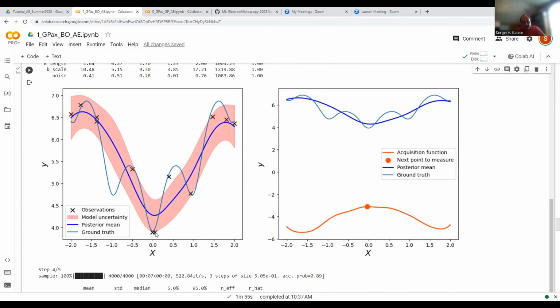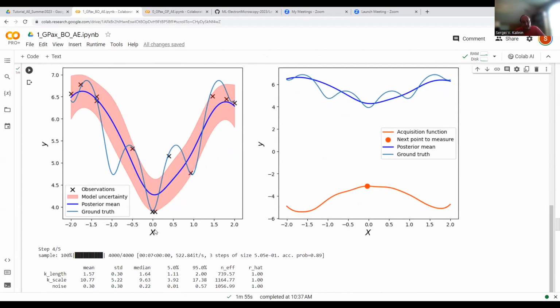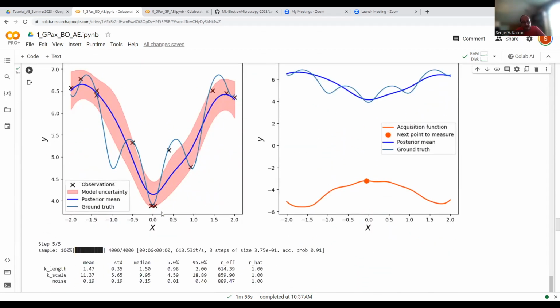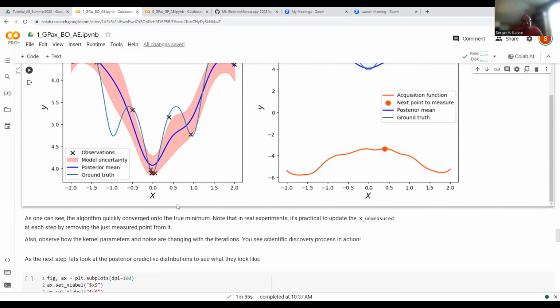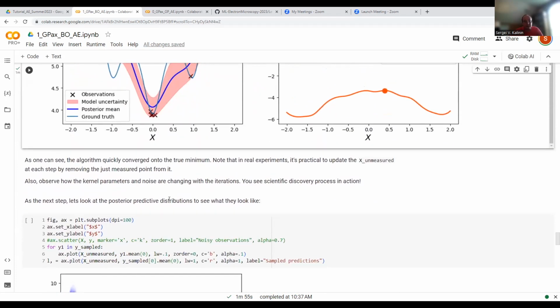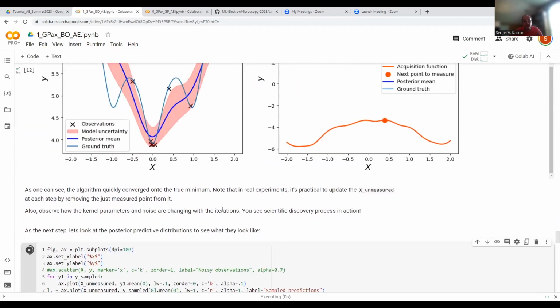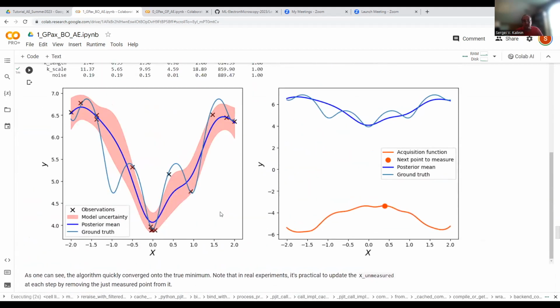And then if we continue the process, you can see that the maximum of the acquisition function keeps being here. Why is it the case? It is the case because, unlike the discovery process, in this case we are trying to solve the minimization problem. We want to find the minimum of the function.